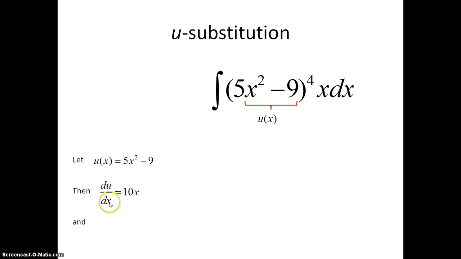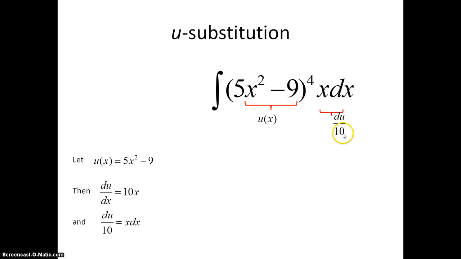What do we do? Okay, so we rearrange our differentials and get x dx by itself. I multiply both sides by dx, divide by 10, and I get this relationship. On the right-hand side, x dx, that differential expression gets simplified to du over 10.